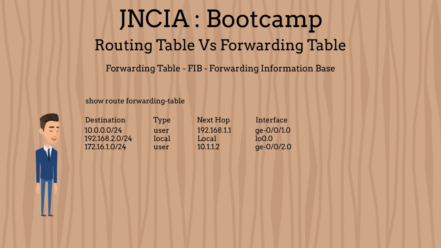You can see it using the command show route forwarding-table. Here we see that traffic to 10.0.0.0/24 will go out GE001.0 towards 192.168.1.1. Only the best route is kept, no duplicates, no backups.